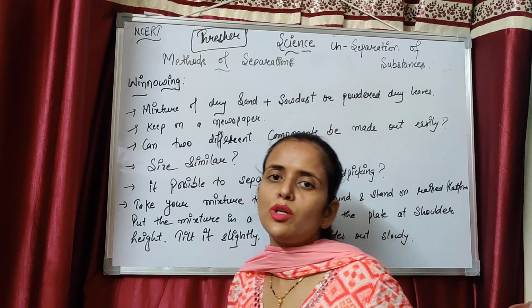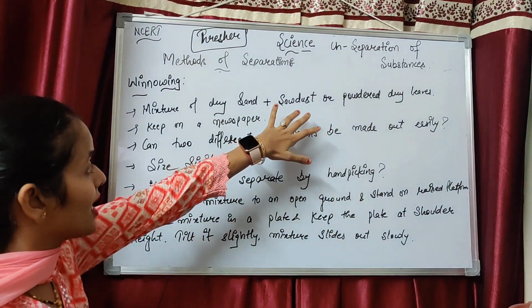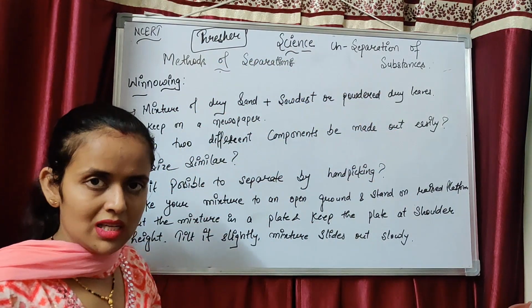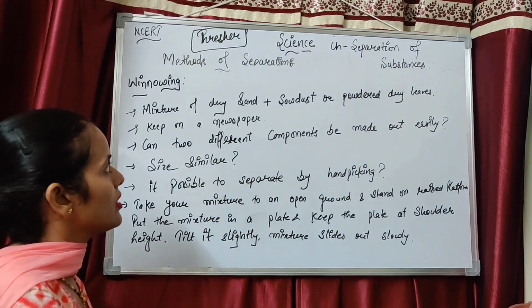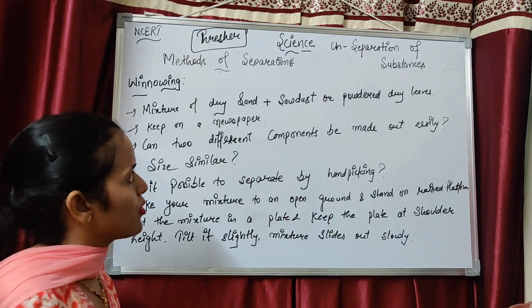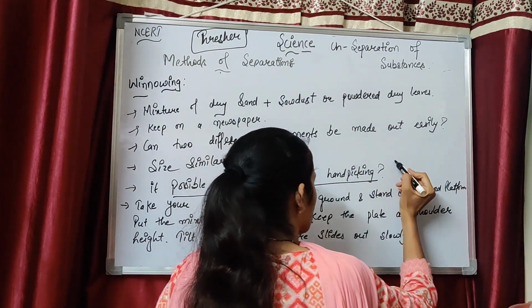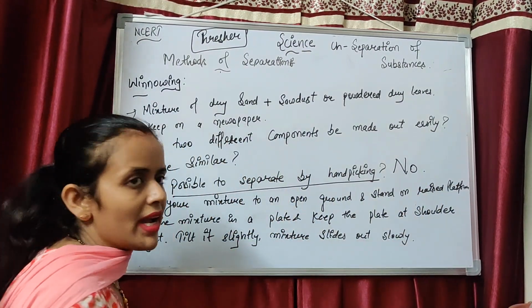No, you cannot make out the two different components easily with your naked eyes, because these are all the same in size and all these particles mix very easily with each other, and we cannot separate them by using the hand picking method. So it is impossible to separate them by hand picking.